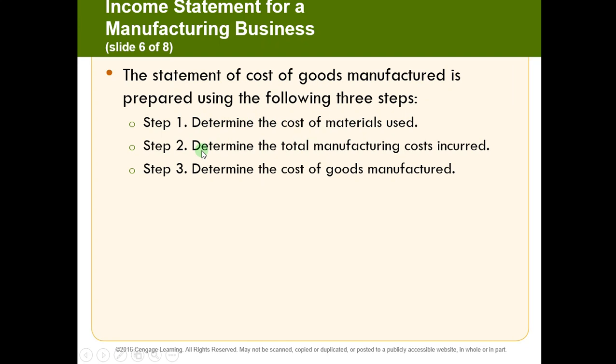Part 2, determine the total manufacturing costs. And again, manufacturing costs are those 3 things. Direct materials, which you will have just calculated. Direct labor, which you will receive from payroll. And then all of your overhead costs. And then lastly, what is your cost of goods manufactured?